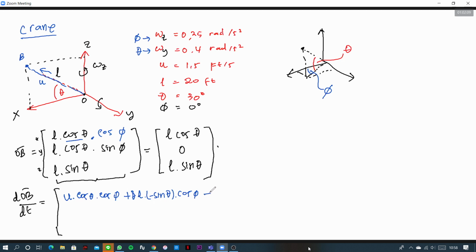And then plus, last one. Does phi change with respect to time? Yes, it becomes omega z. So let's change this directly to be omega y. Then it becomes omega z times L times cos theta times minus sine phi.